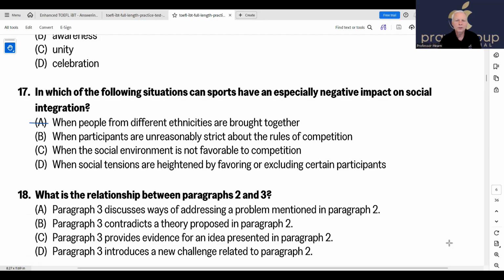Well, our sentence wasn't about the rules of competition. And so this is not mentioned in our passage, and therefore choice B is not possible. What about choice C? When the social environment is not favorable for competition. Now, they do say something about social environment and favorable and competition. You know what? I'm not going to go back and reread everything.